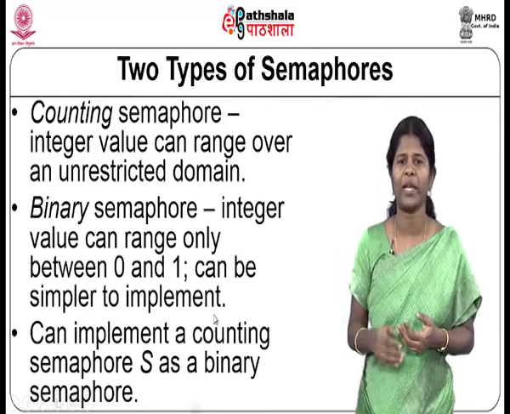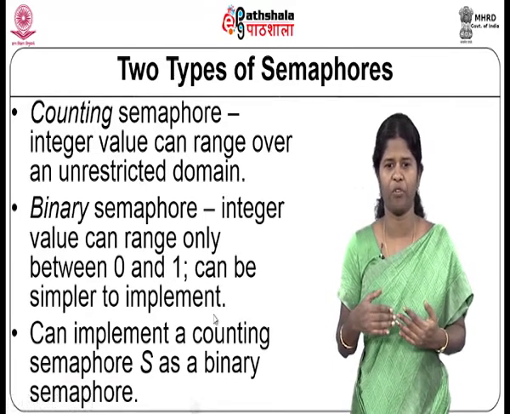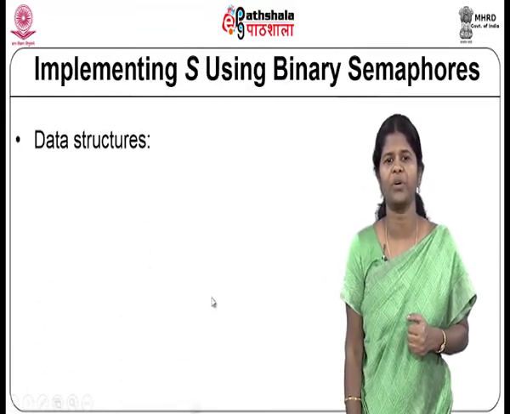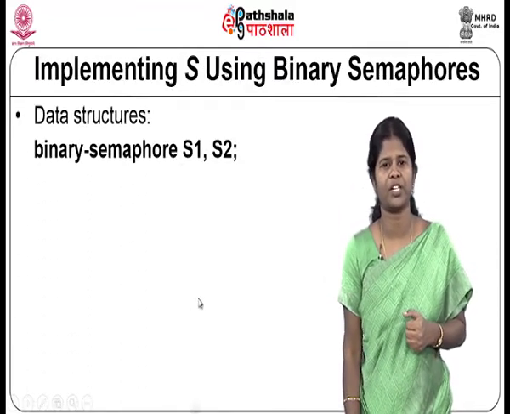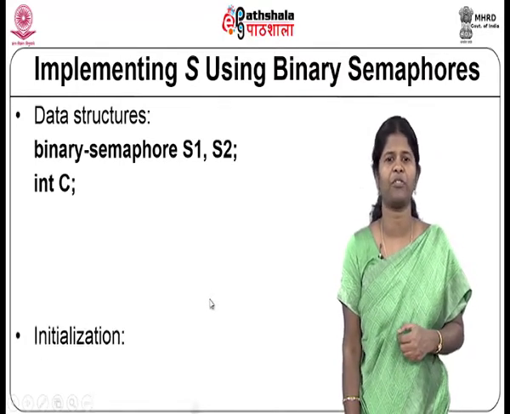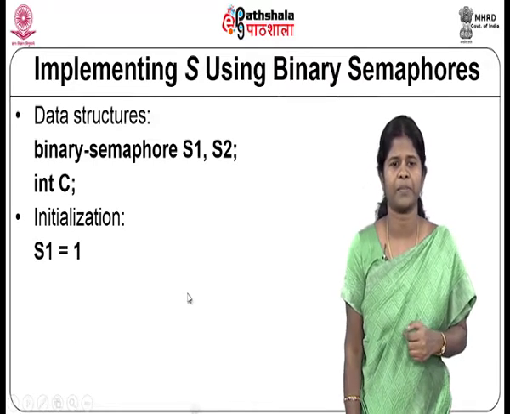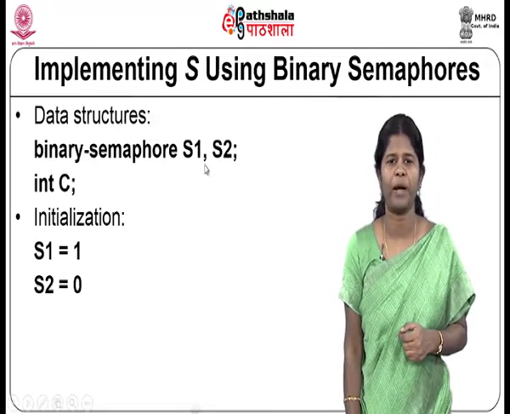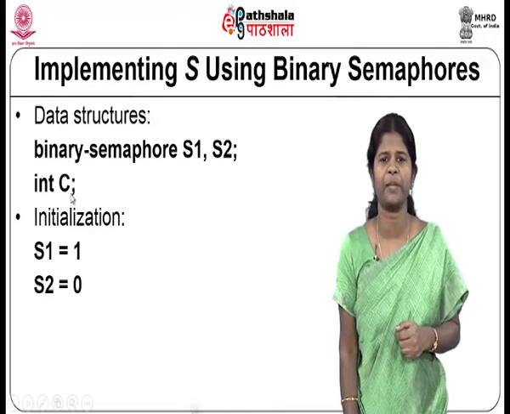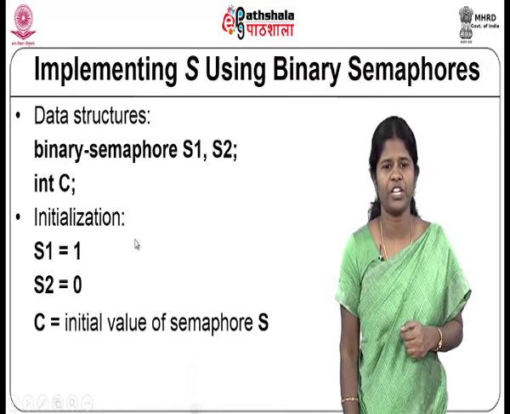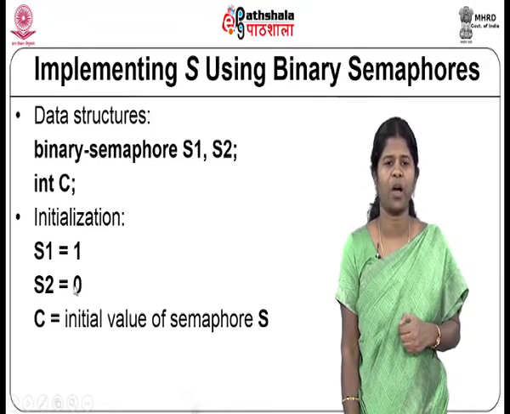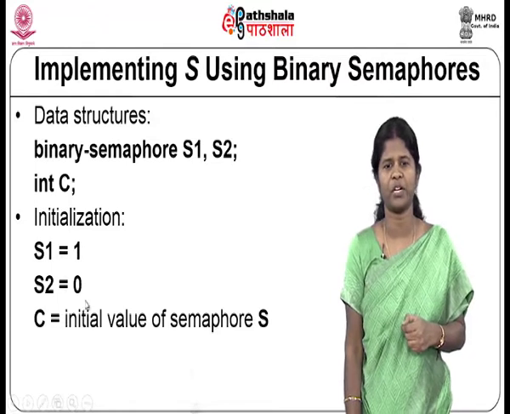But we can implement a counting semaphore using binary semaphores. So we will see how you do that, and the data structures that we use for implementing a counting semaphore using binary semaphores are these. You have two binary semaphores, S1 and S2, and an integer variable C. Initially the binary semaphores S1 and S2 are initialized to 1 and 0 respectively.